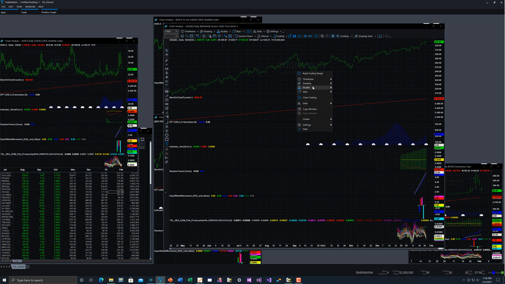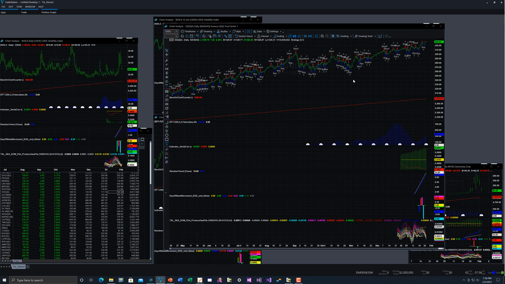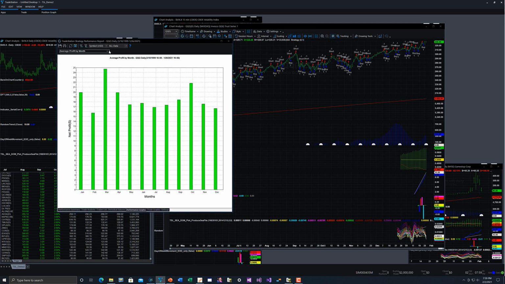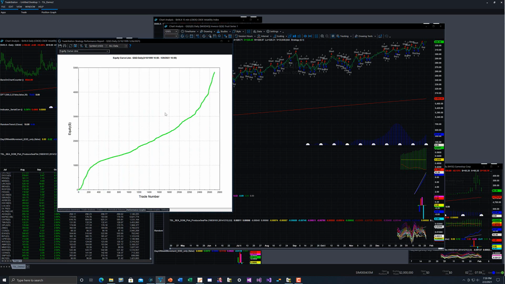Step number 1, pre-process the data. Let's go ahead and turn on the preprocessor and let that run. While it's running, it's extracting out the data needed and producing some flat files. And when it's done, it produces some arrows on the chart indicating that it's done. It also produces the theoretically perfect equity curve on this QQQ data.